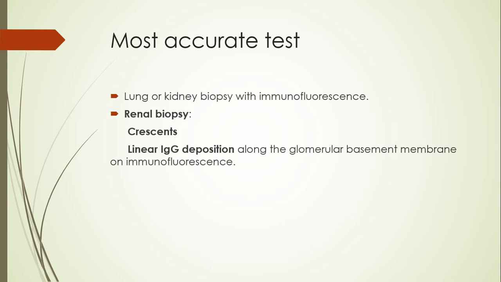And if we do a renal biopsy, we would see crescents. So it would be a crescentic glomerulonephritis, which is often known as RPGN, or rapidly progressing glomerulonephritis, a very rapid form of glomerulonephritis where the renal function deteriorates within a very short period of time and the patient might die.